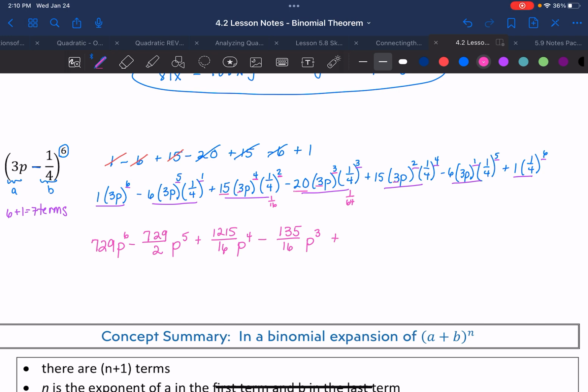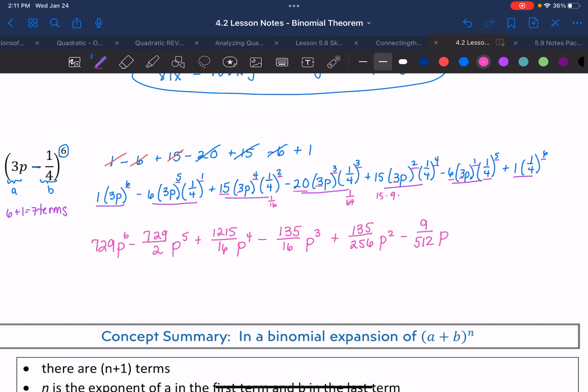Continuing on, I get 3 to the 2nd, which is 9, times 15 times 1/4 to the 4th power, and that's going to simplify down to 135 over 256 p squared, minus 3 times 1 times negative 6 is negative 18 times 1/4 raised to the 5th power, and after you simplify, we'll get negative 9 over 512 p to the 1st.